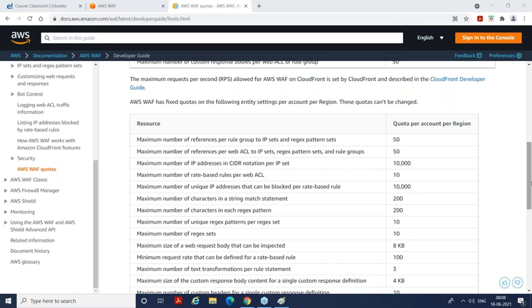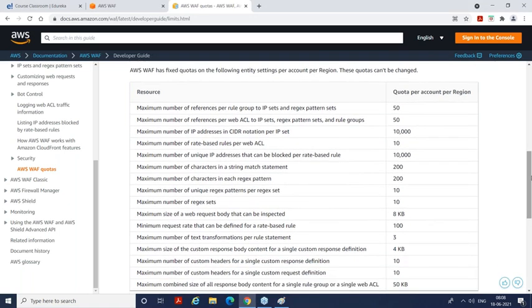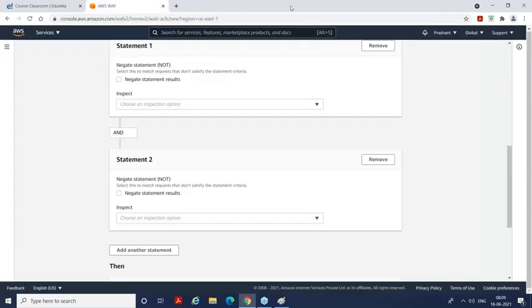Cool. So now there is a question, what is the default option we will have on WAF? In case your traffic does not match any of your predefined rules, then you have something called a default rule, and that would be default deny.